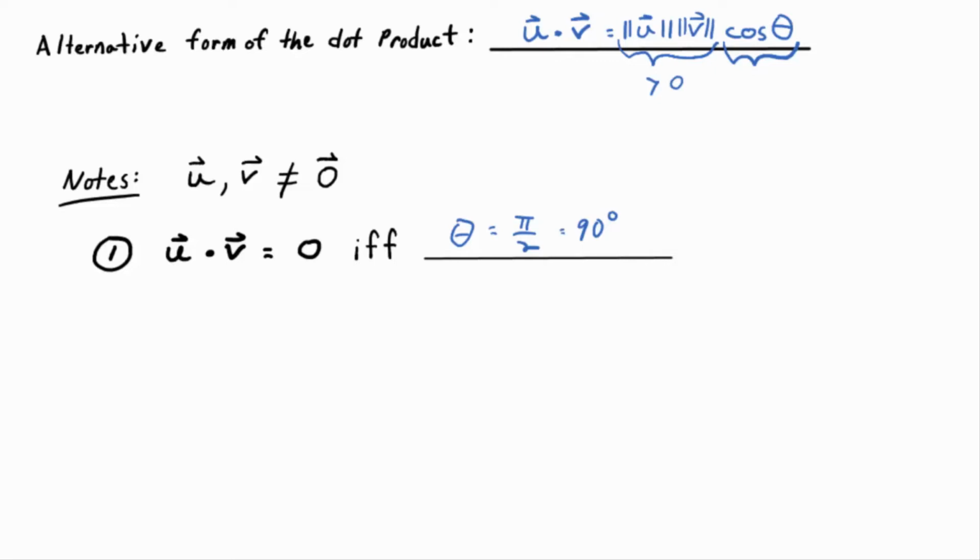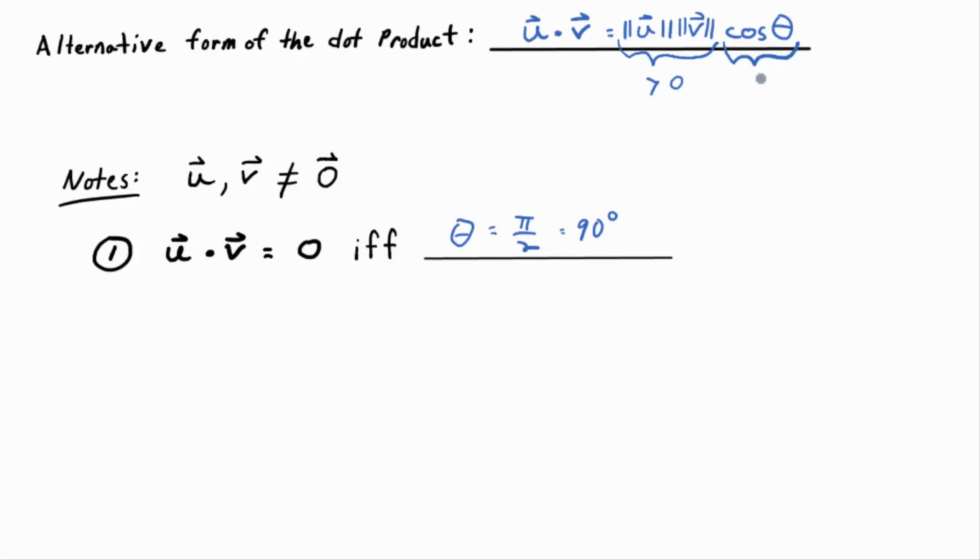But wait, there's more, and this becomes important much later in the class. We actually know when, and I kind of gave this away already, we actually know when u dot v is bigger than 0 from this alternative formula. So think quadrant-wise. You know what I mean by quadrant 1, quadrant 2 in the xy plane, or in any plane, really. For which quadrant is the cosine positive?